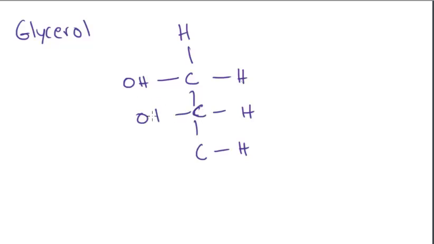And so you have all these hydroxyl groups on the side, which make it an alcohol, as you learn about in chemistry, if you take it. So that's the basic structure of a glycerol. So you'll notice all this, right? So this will be on the right side of a lipid, as we saw before in the last drawing.